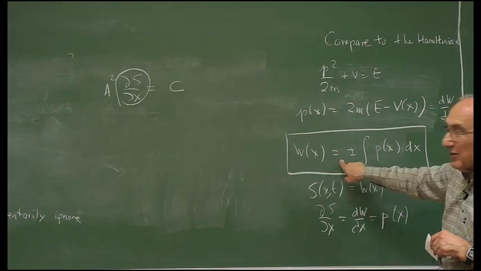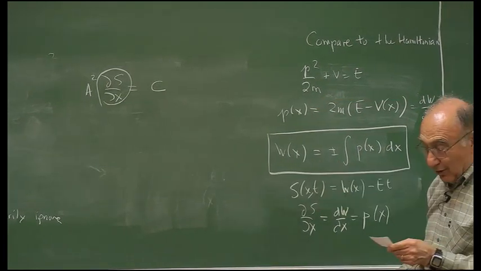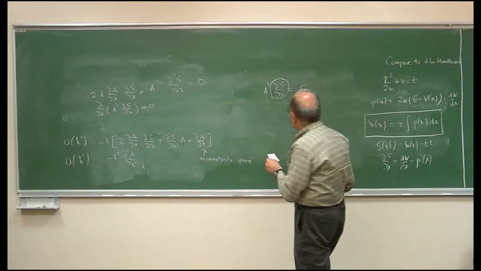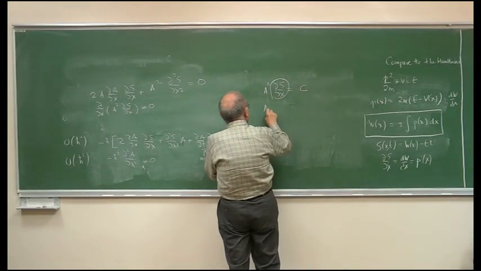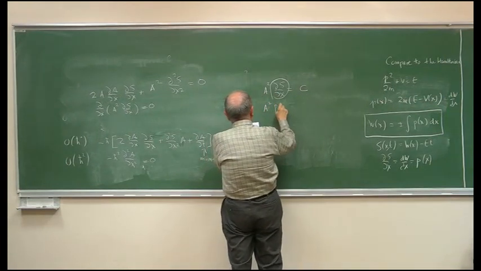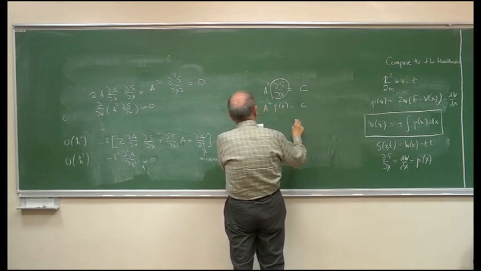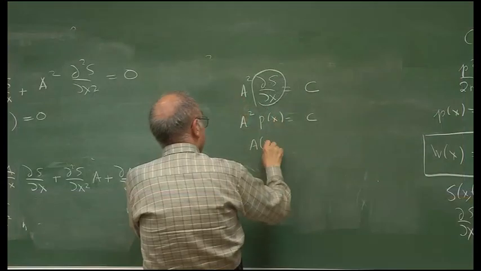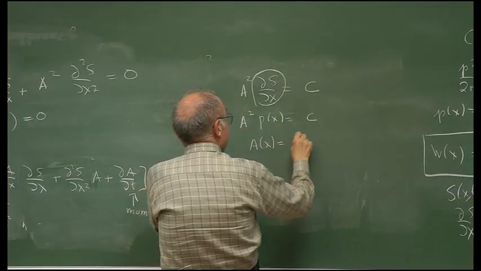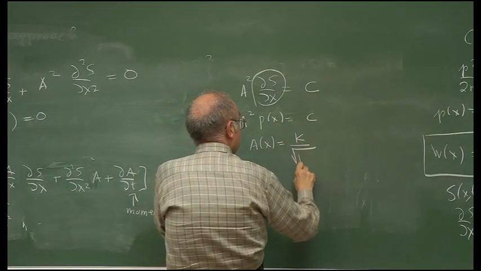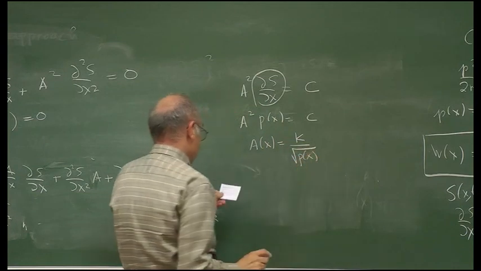We could also see it from right here. All right? So we see that A squared times p of x is constant, and A of x is then k times 1 over the square root of p of x.